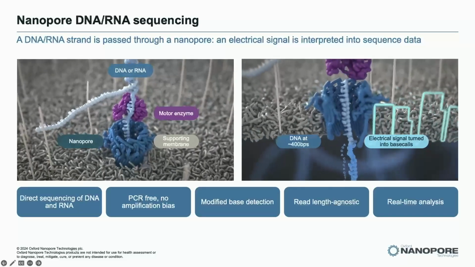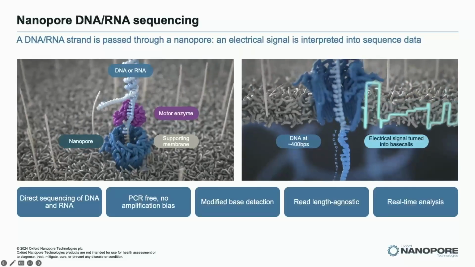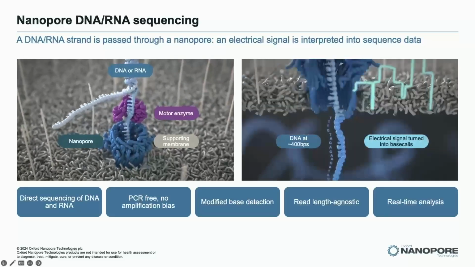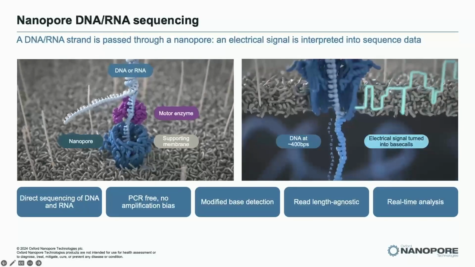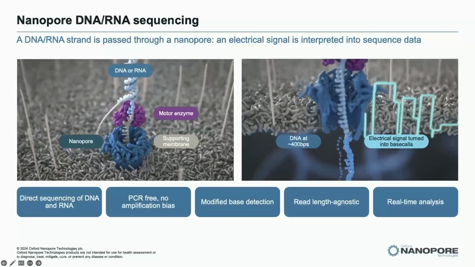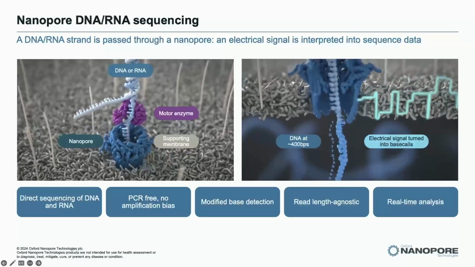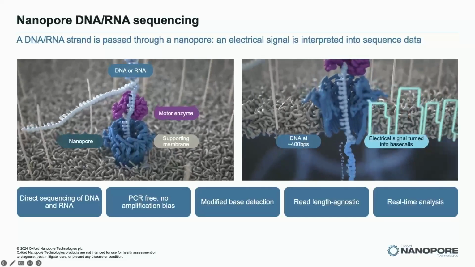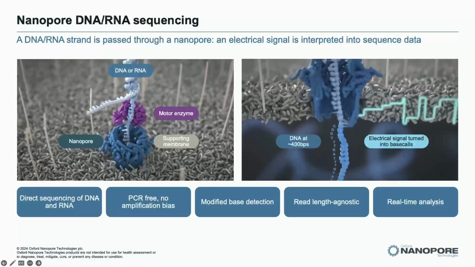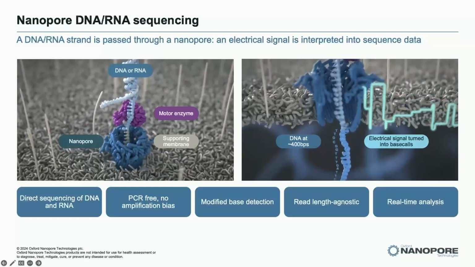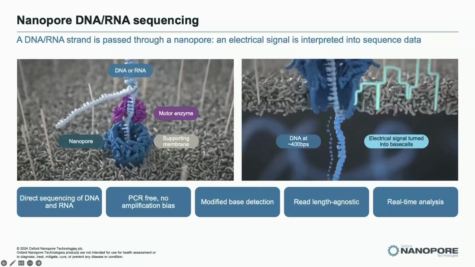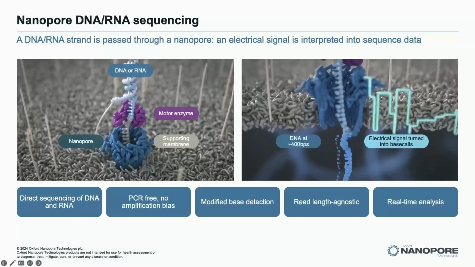We've got motor enzymes that are attached throughout the library prep to the DNA and RNA strands, and they bring those strands to the pore. We apply electrical current on that membrane, and as the DNA passes through the pore, the current is changing, which you can see in the form of that squiggle. Then we apply very elaborate algorithms that are able to deconvolute that complicated signal into actual bases.